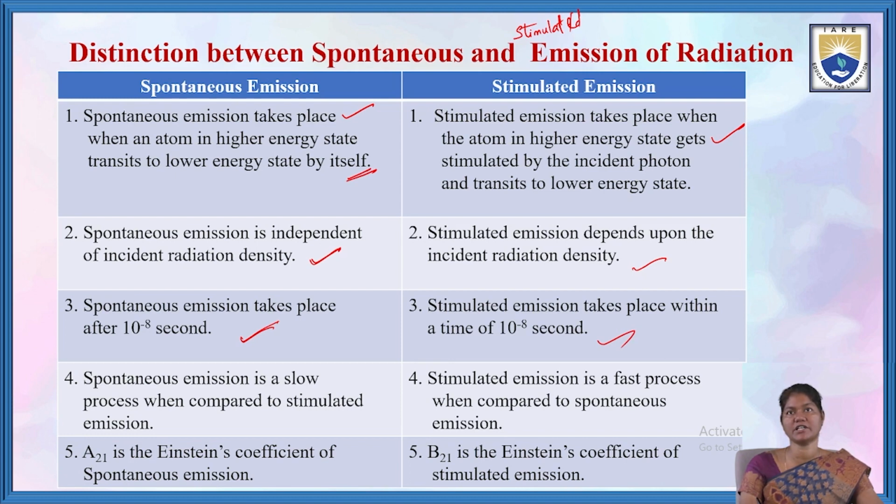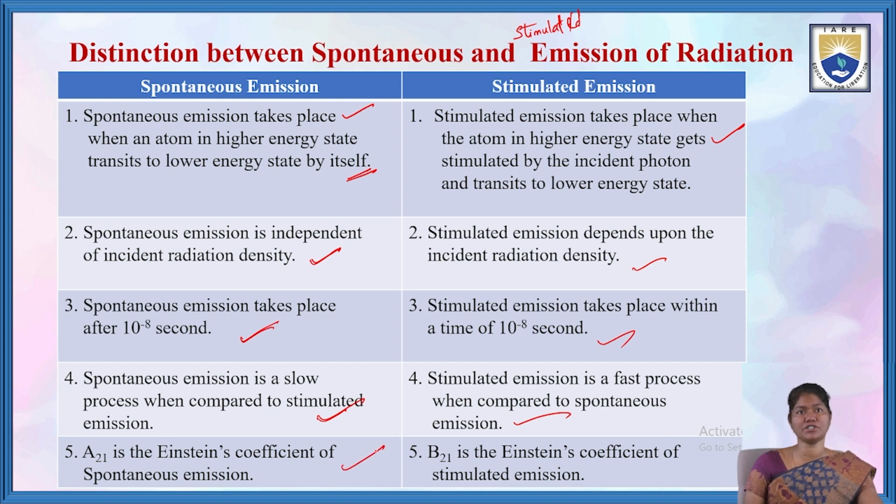Spontaneous emission is a slow process compared to stimulated emission because it happens after the lifetime, but stimulated emission occurs before the lifetime of the atom ends. Stimulated emission is a fast process compared to spontaneous emission.